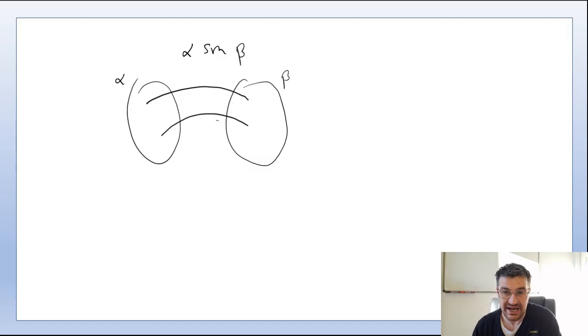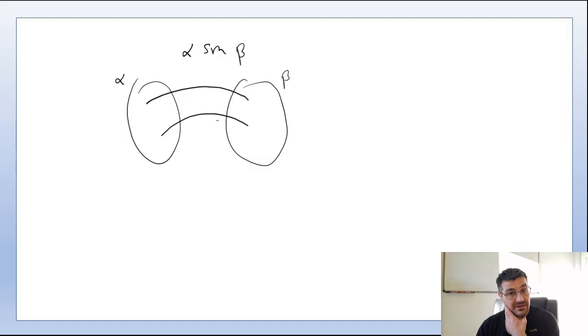Very importantly, alpha and beta do not have to be classes of the same type. This is a good thing, but it does bring with it some issues. Remember, greater generality, that's what we're after. So we don't really want to be restricting this relation SM to classes just of a particular type.